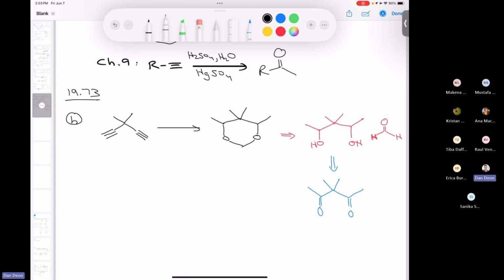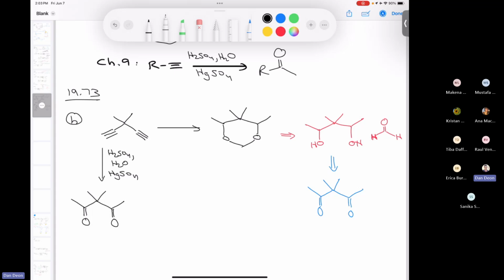And so all we have to do is take this compound and treat it with sulfuric acid, water, and mercury(II) sulfate, and that's going to give us this diketone. So it's going to look like this. So there's our diketone.